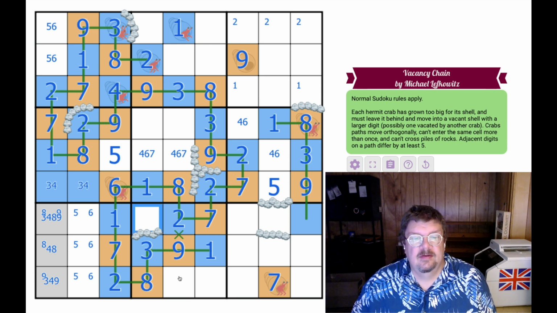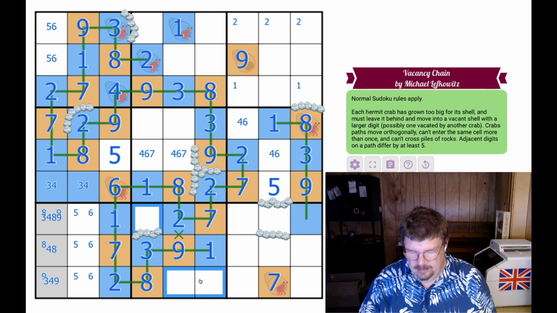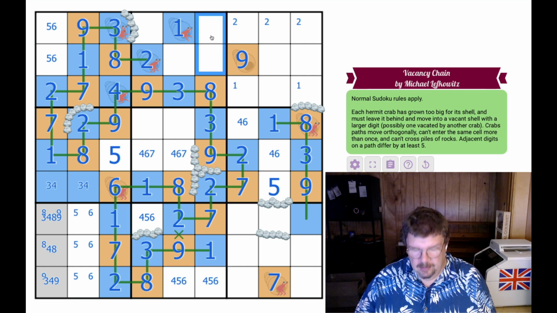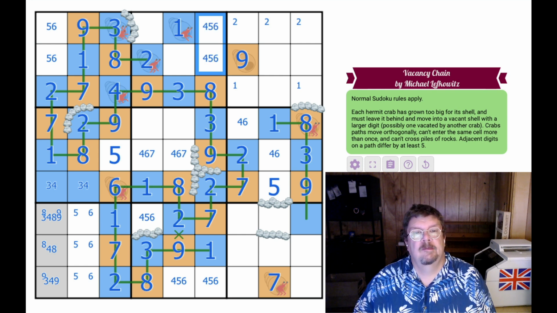Let's have a look at these 3 digits, which must be 4, 5, and 6. Can we make any eliminations? Don't see anything obvious right now. And then these two are also from 4, 5, and 6. These two are from 4, 5, and 6.